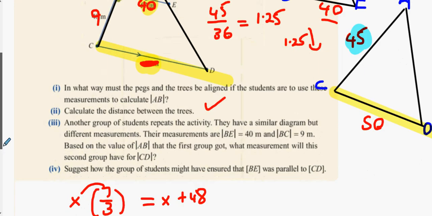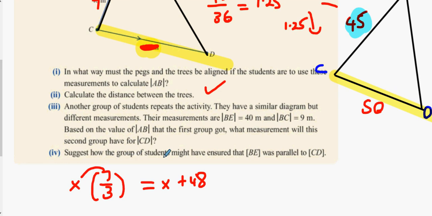Suggest how the group of students might ensure that BE was parallel to CD.